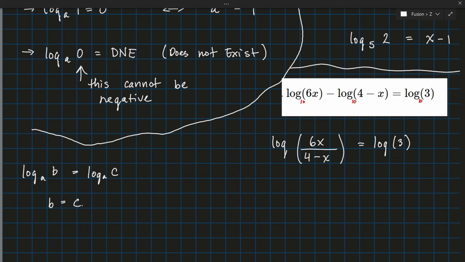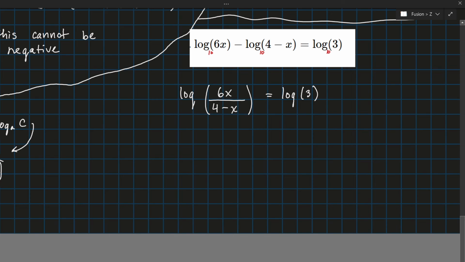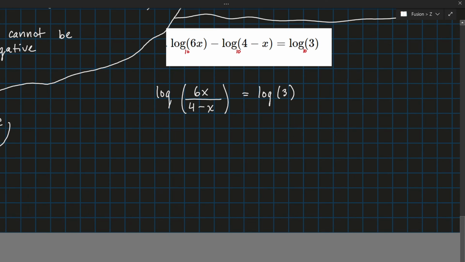We can do the exact same thing with exponential functions. If we have a to the b equals a to the c, with the same base on either side and only those functions, we can ignore the bases and set the insides equal. That's the exact situation we have here: log base 10 of this thing inside equals log base 10 of 3. So we can ignore the logs and set the insides equal.